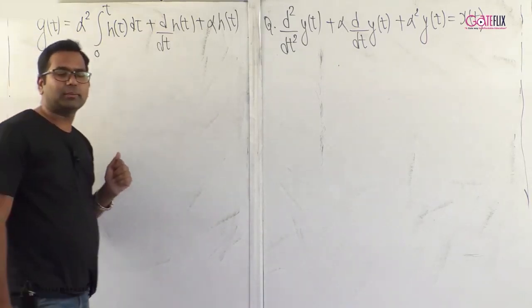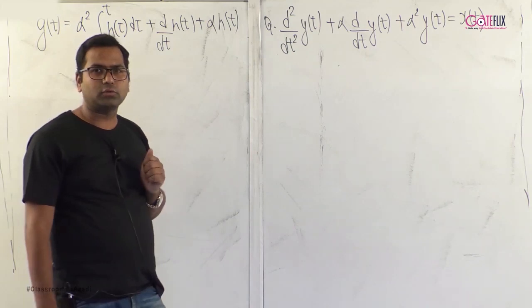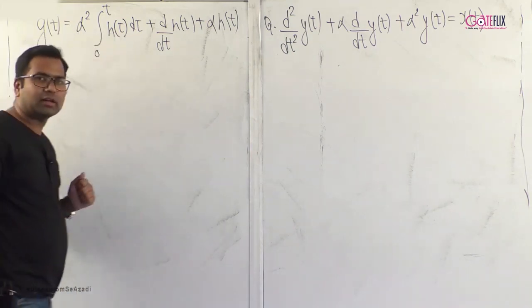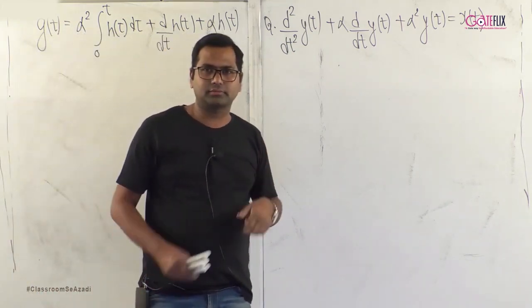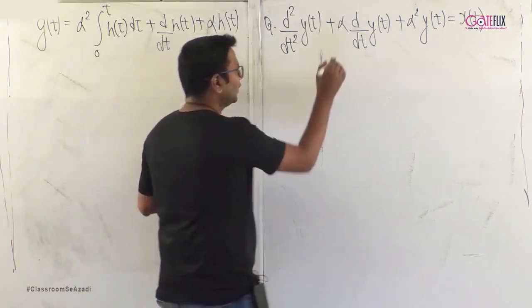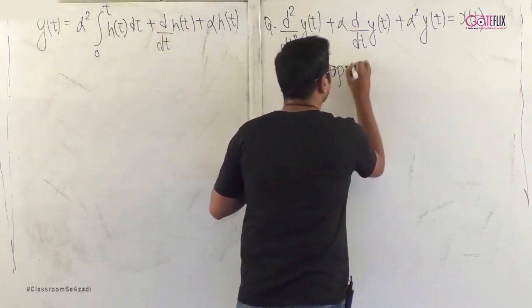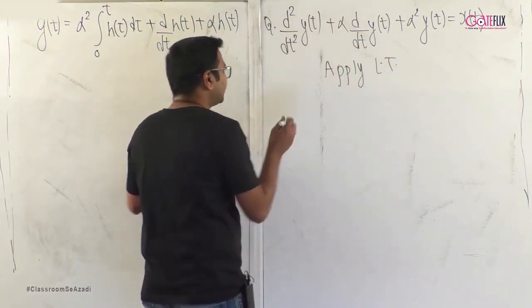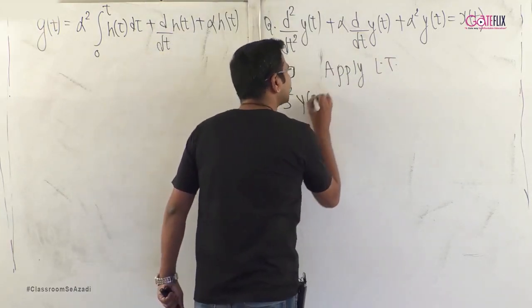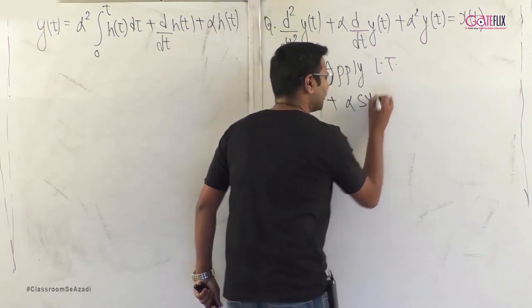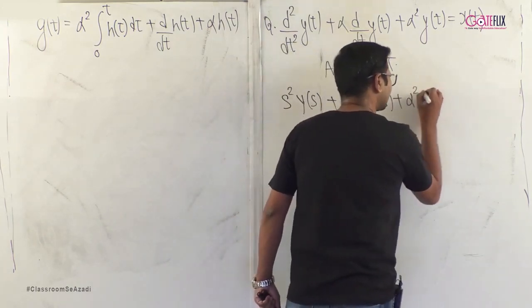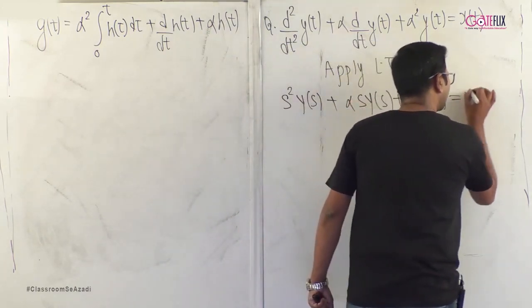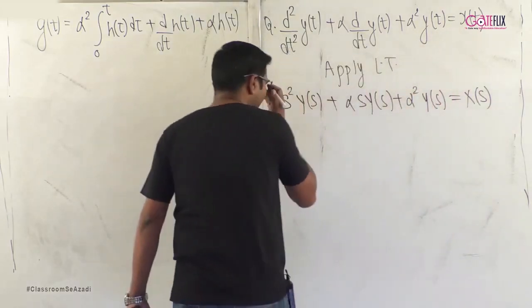After finding G of s, we have to answer how many poles are present in G of s. We would start with this equation by applying Laplace transform. If we apply Laplace transform, this will become s square Y of s plus alpha s Y of s plus alpha square Y of s will be equal to capital X of s.